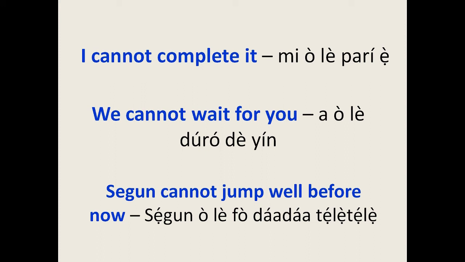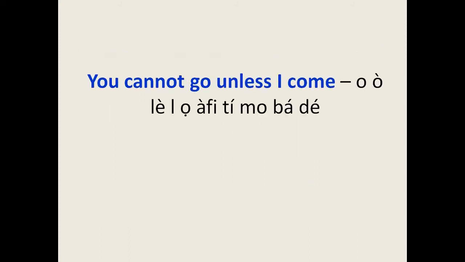Let's use one more example here. You cannot go unless I come. So you cannot go will be o lè lọ. So o for you, o lè for you cannot. So o lè lọ. That is, you cannot go unless I come.